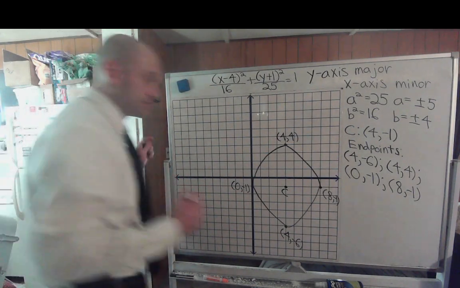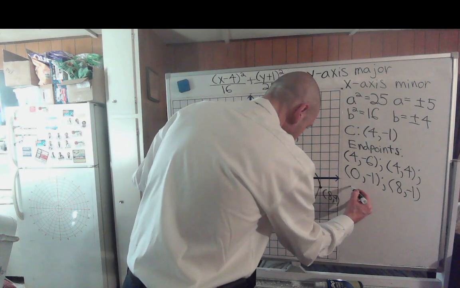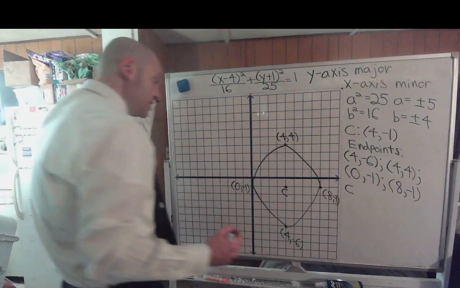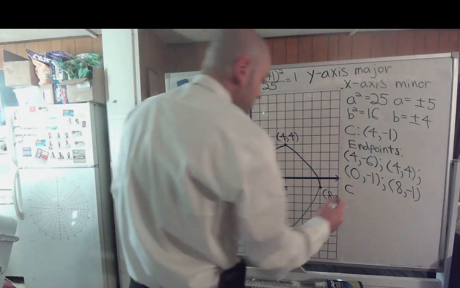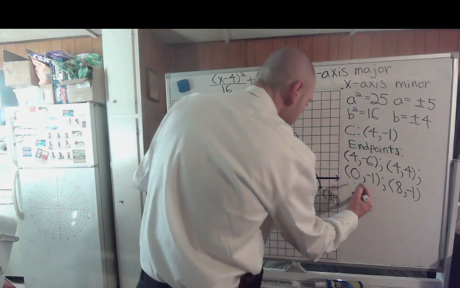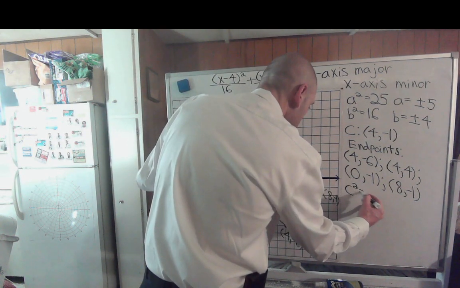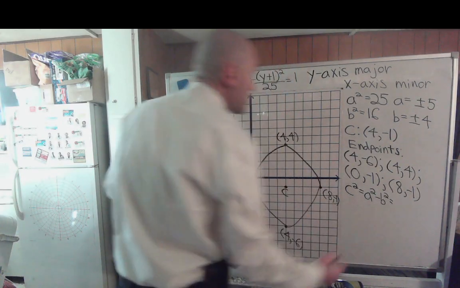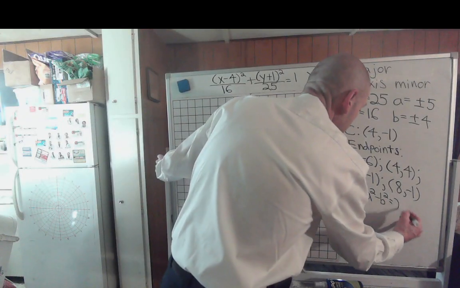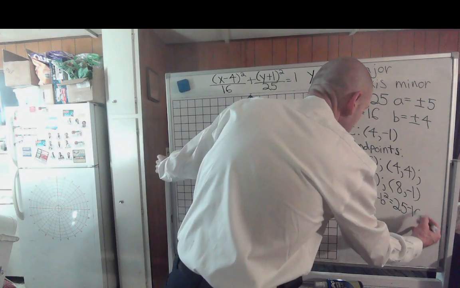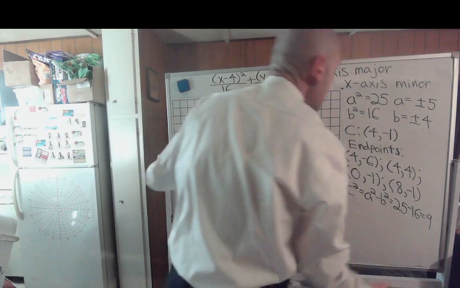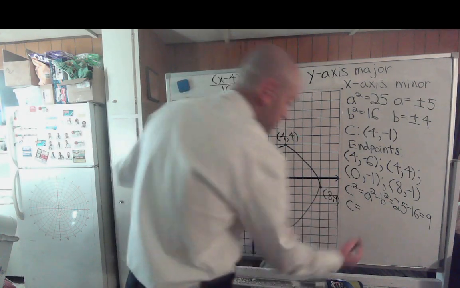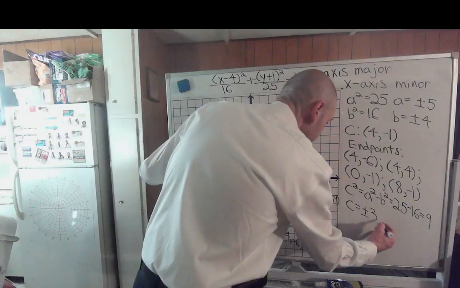Last but not least, let's find the foci. So c squared equals a squared minus b squared. Well, in this case, that's going to be 25 minus 16, which is actually 9. Well, what do you know? This is actually going to work out pretty nicely because the square root of 9, you get plus and minus 3.